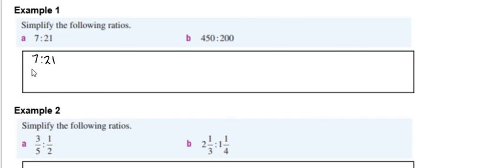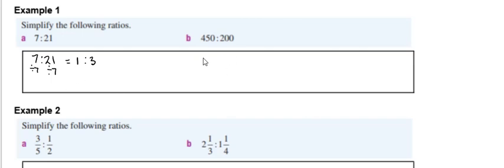So 7 divided by 7 is 1, and 21 divided by 7 is 3. So 7 to 21 becomes 1 to 3.